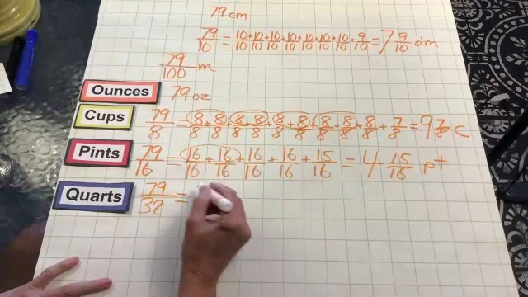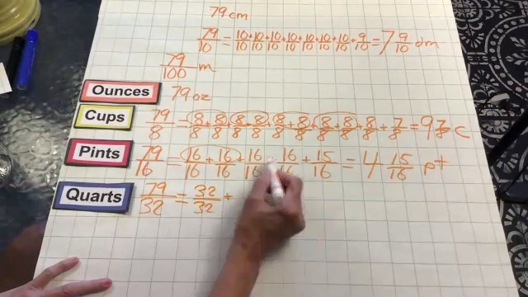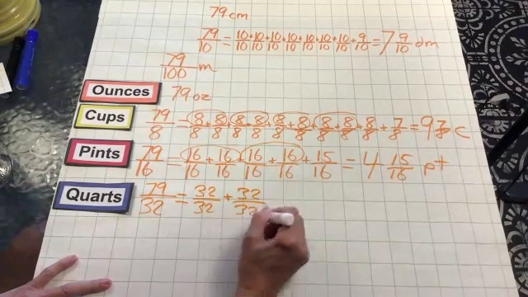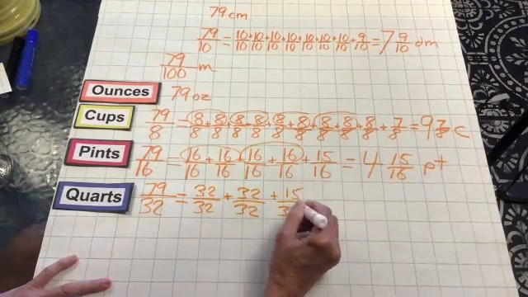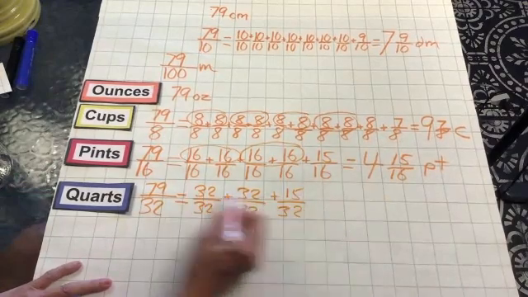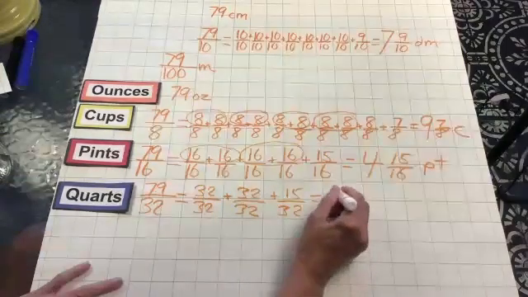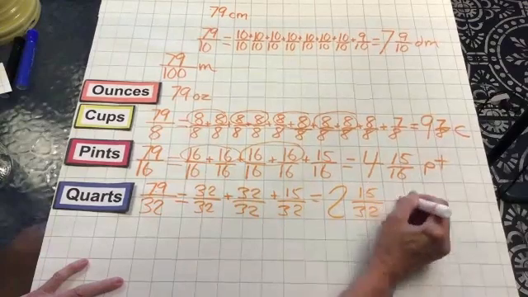So we have 1 quart there, 32 over 32, plus we have 1 quart there, 32 over 32, plus then we have 15 over 32. We want the top number to equal that, but the bottom number always stays the same. So we have 2 and 15 thirty-seconds quarts.